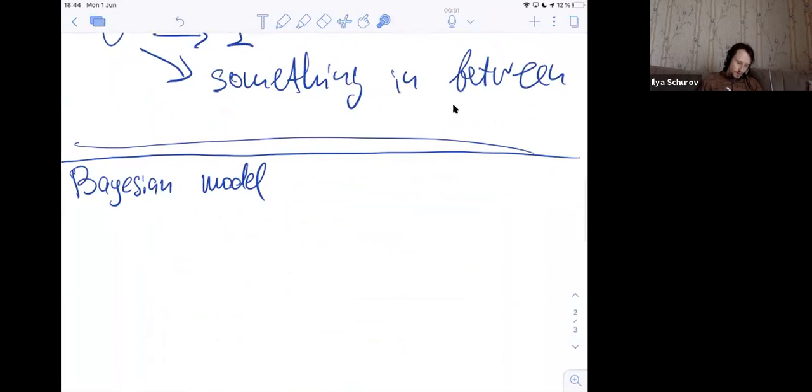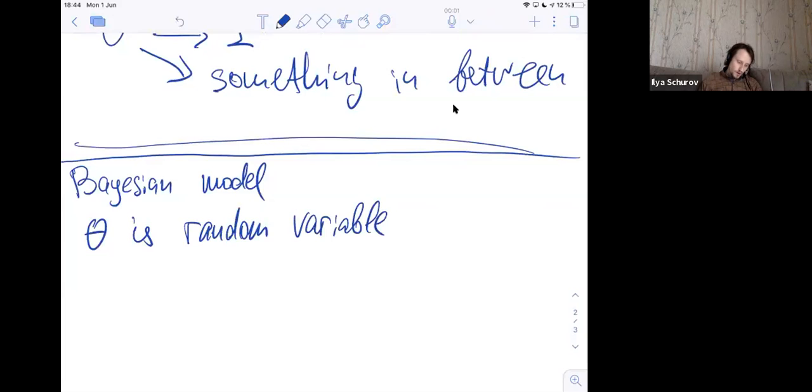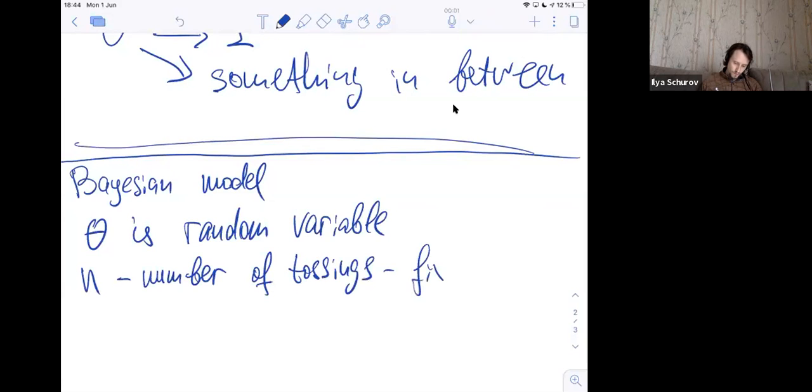So in Bayesian model, we have something like this. We have theta, our parameter of our model, is random variable. And then we have n, number of tossings. Let us assume that it is some fixed number. And then we have x, number of heads.